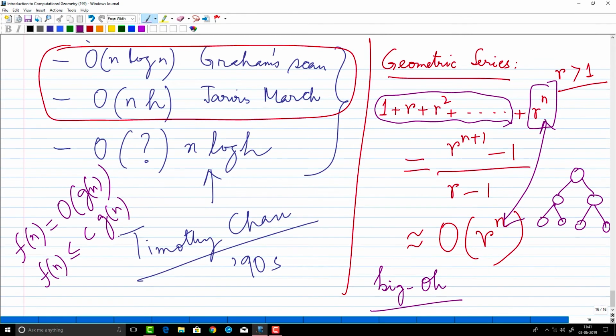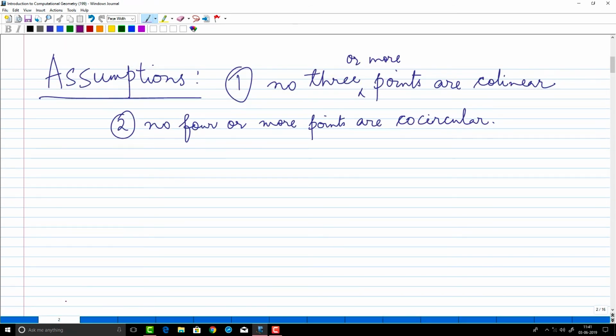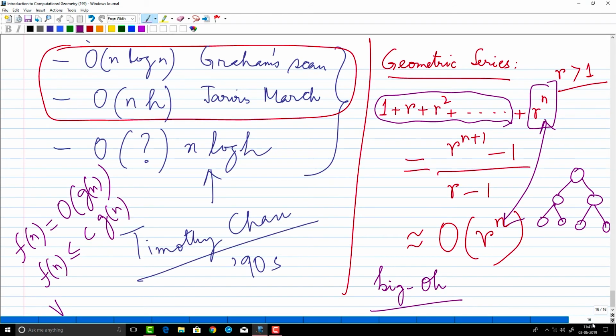So, this C has to be a positive constant such that for all n greater than n naught. Important to understand in this definition are these two positive constants C and n naught, right.